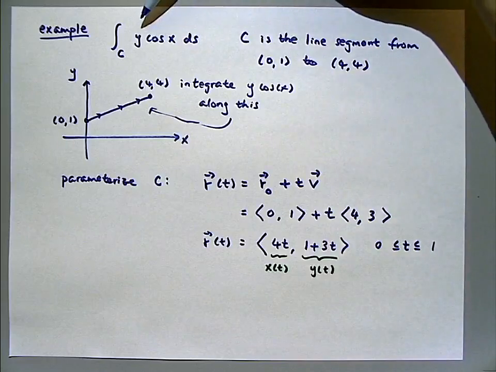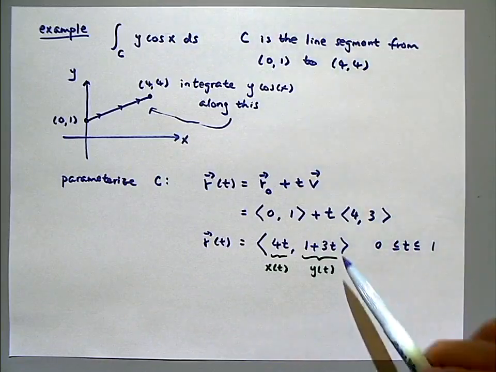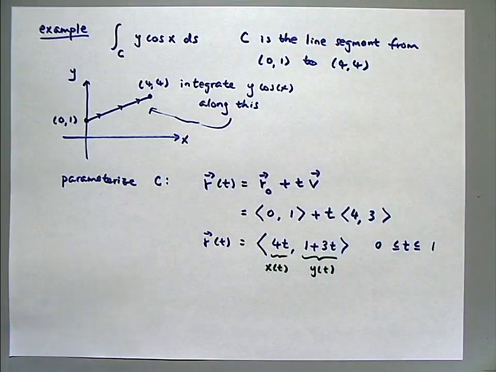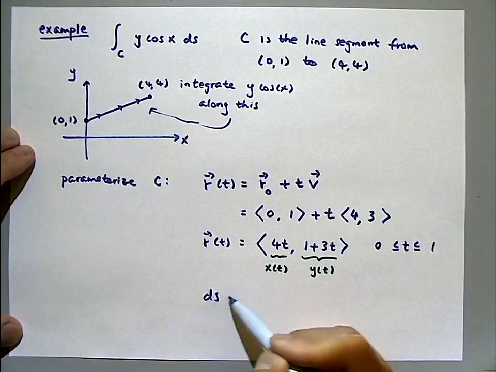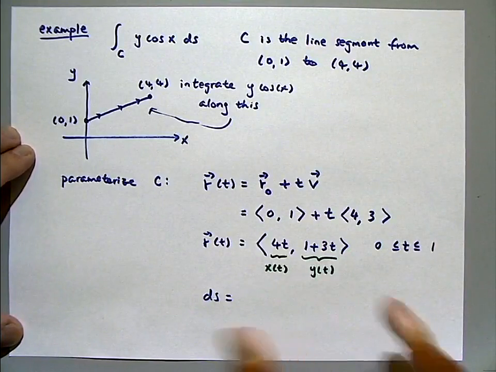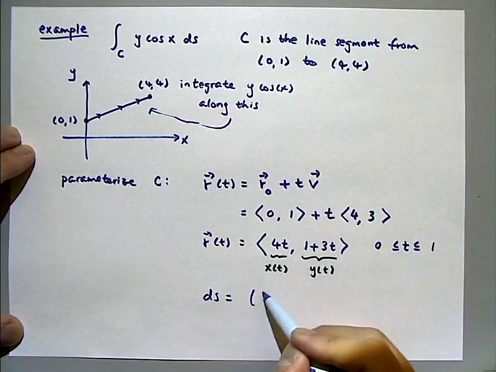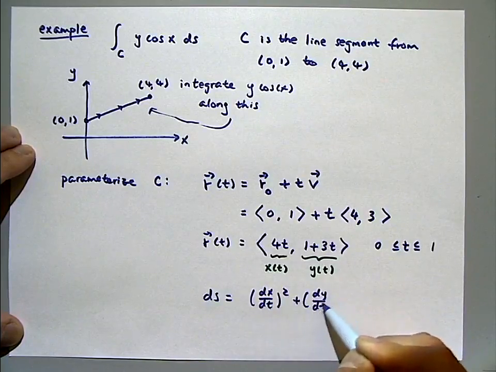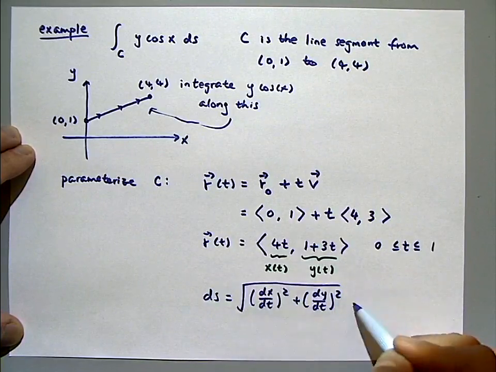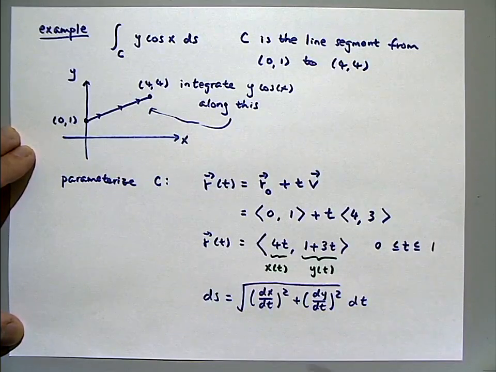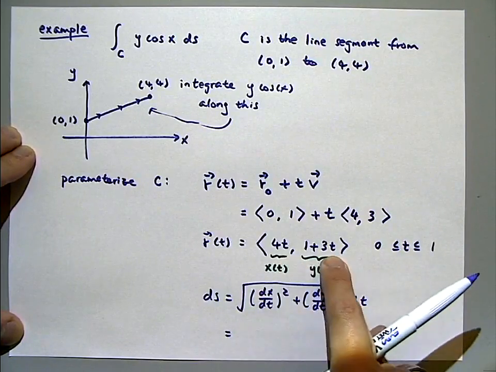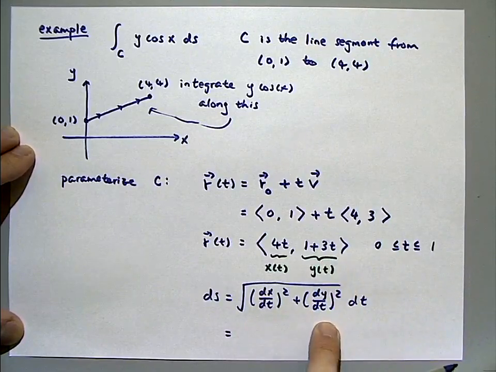Looking back a little bit, we're integrating y cosine x. So we're really integrating y cosine x along ds. Now we've got to calculate ds. ds is just a tiny little fragment of the arc length of this: square root of (dx/dt) squared plus (dy/dt) squared, and then the differential t. dx/dt is 4. 4 squared is 16. dy/dt is 3. 3 squared is 9. 16 plus 9 is 25.